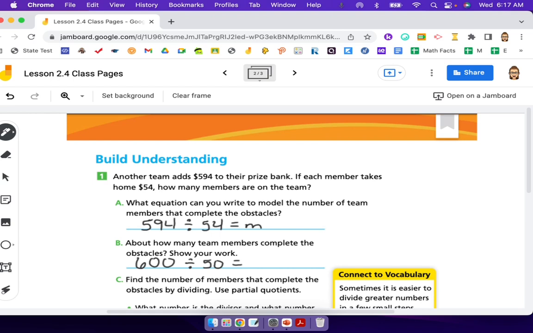And 50 goes into 600 12 times. And I know that because 50 goes into 100 twice, and 2 times 6 is 12. So we're thinking that there are going to be about 12 members.